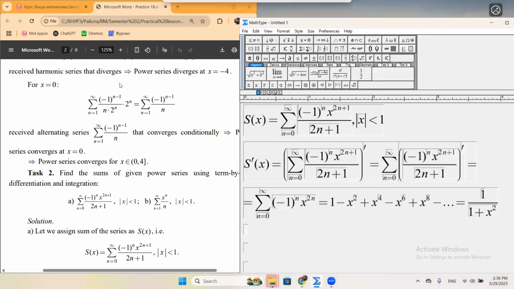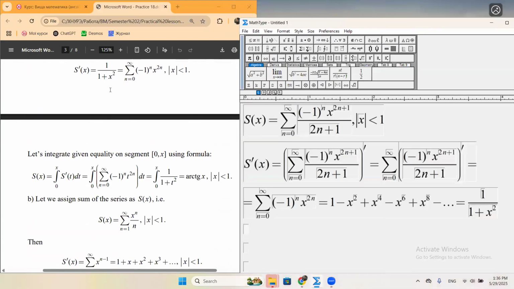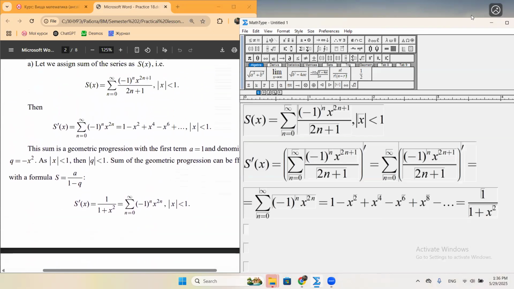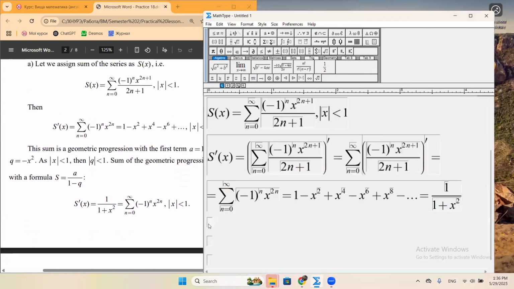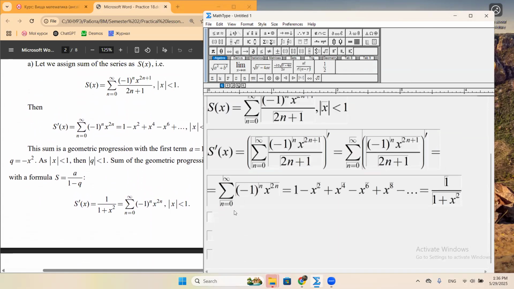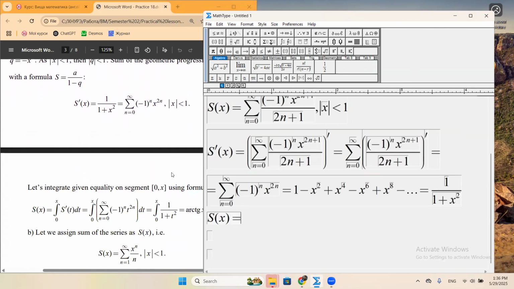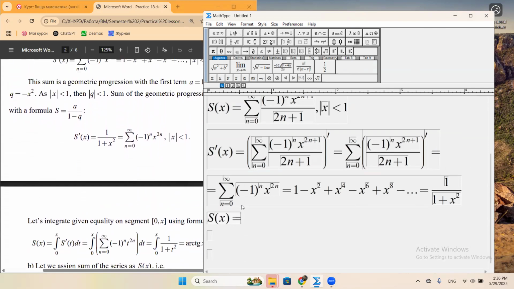And then, if I understand correctly, the idea is to write down this sum as a function. So how will this function be found? S of x. And so now we will integrate this series term by term. So how to do it? Integrating this series from 0 to x.